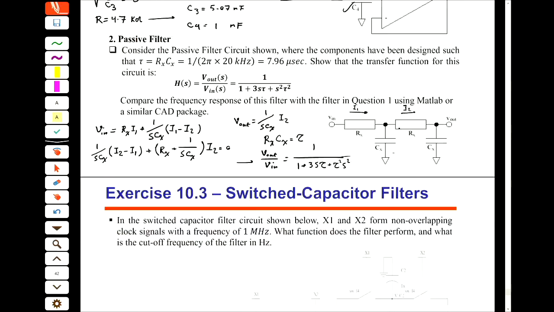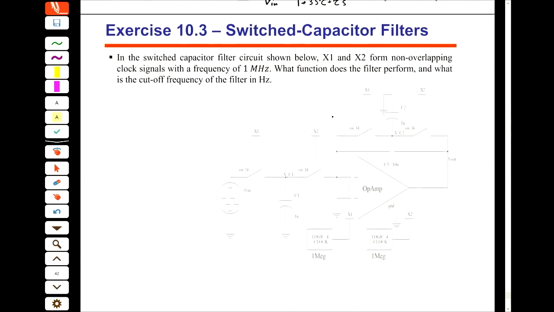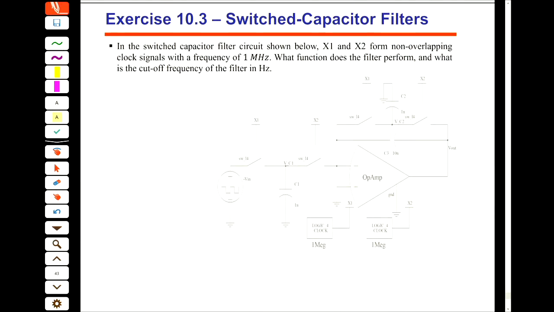All right, and then the last question, which is very simple, it says, what does this circuit do? So if you remember from the lecture, we have two clock signals, X1 and X2, and they are non-overlapping.